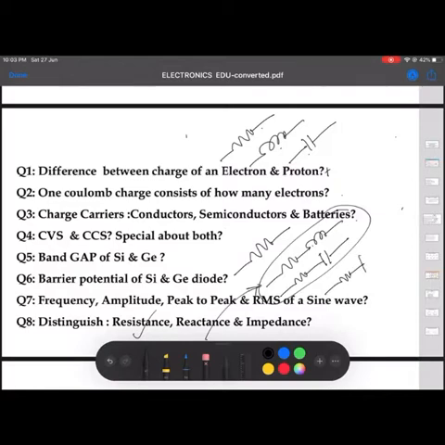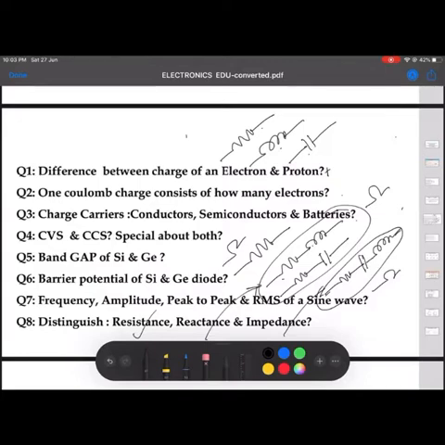In case we have all three components in a given circuit, then whatever this offers is called impedance. Basically, the unit here is ohm, here is also ohm, here is also ohm. That means the resistance unit is ohm, reactance unit is ohm, and impedance unit is ohm. The difference is when it is a pure resistor, it is resistance.